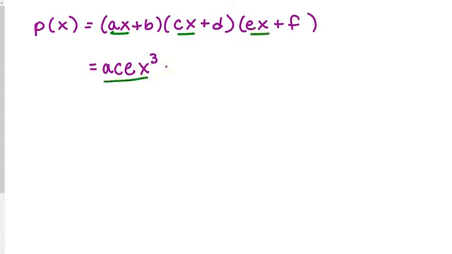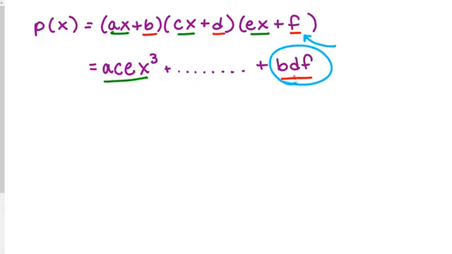And then you would have a bunch of other terms, and then your last term, your constant, would be bdf, and that's from multiplying b, d, and f together. So it seems logical in general that the constants of the factors are factors of the constant, and that the leading coefficients of the factors are factors of the leading coefficient, is what I'm trying to say.